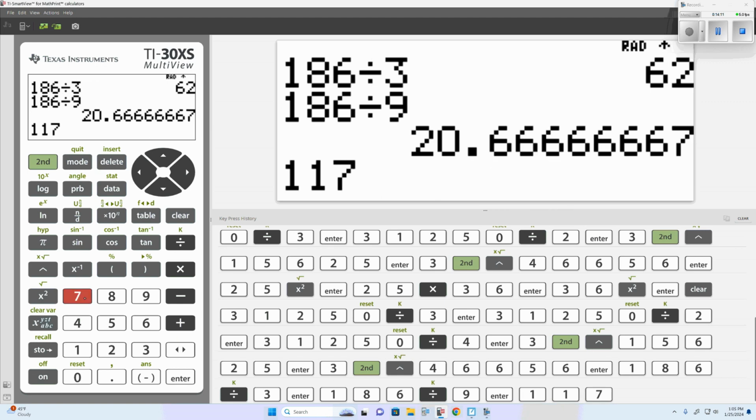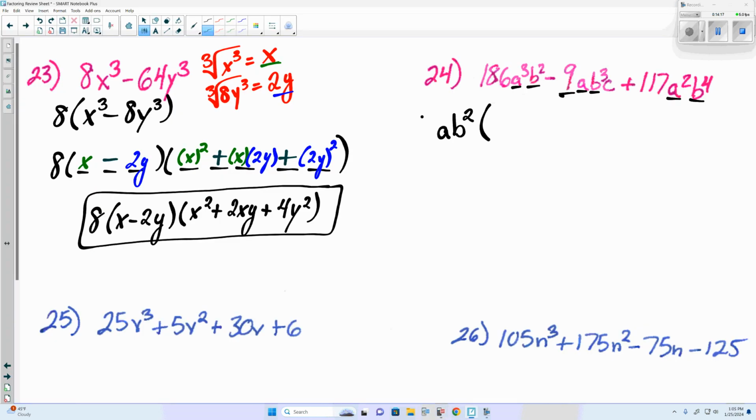So 117 divided by 3 is? All I do is go 39. Oh, no, I didn't. So our greatest common factor for this here is 3ab squared. Because if we know a factor that works for 2 of them, we can try it with the third, and if it works, then it is a common factor. If it doesn't work with all 3, it's out.